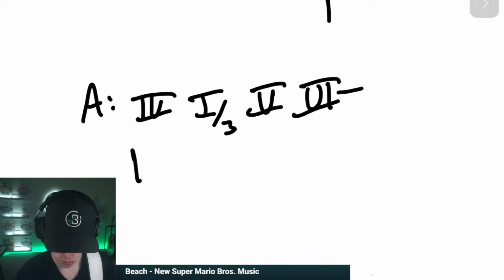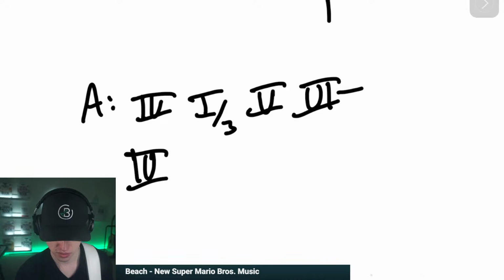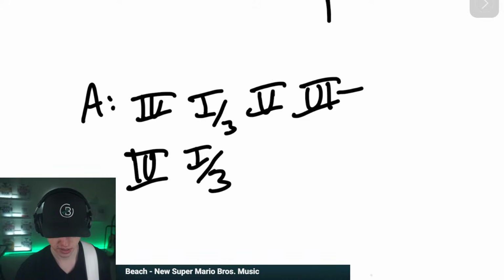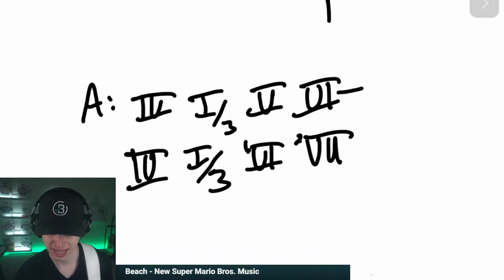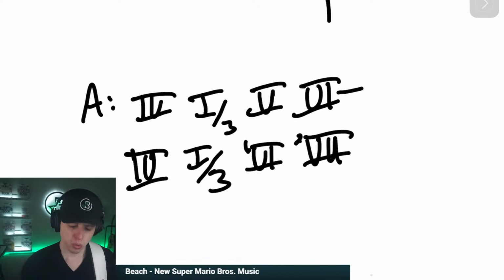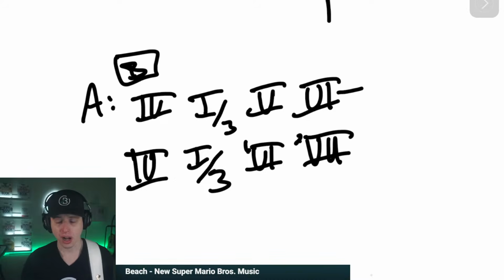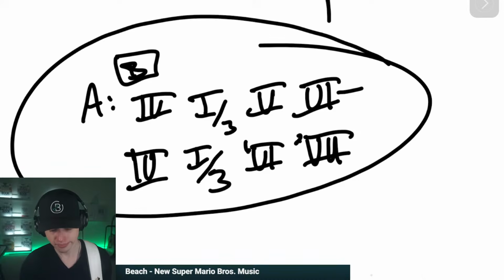And then we're back to 4, to 1 over 3, to flat 6, victory theme, flat 7. And so if you're going, well, what do you mean the B section starts on 4? A classic way to write a B section for any piece of music in literally almost any genre, go to the 4.